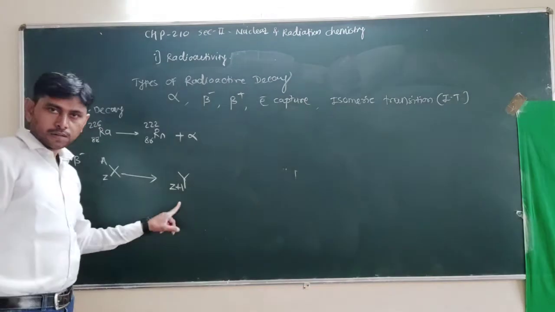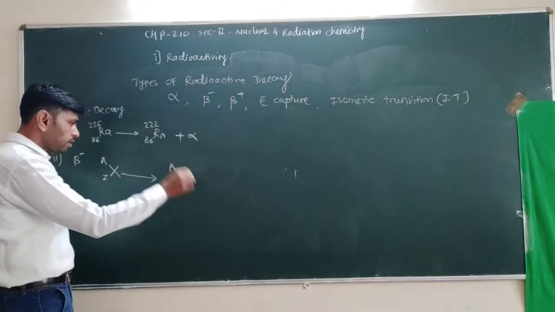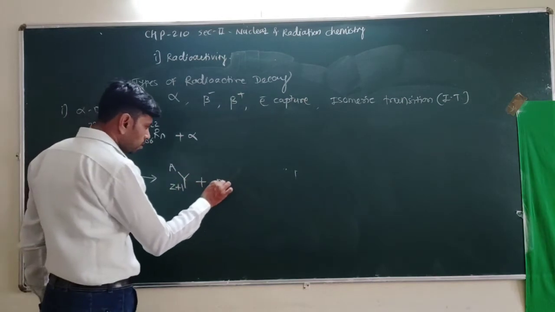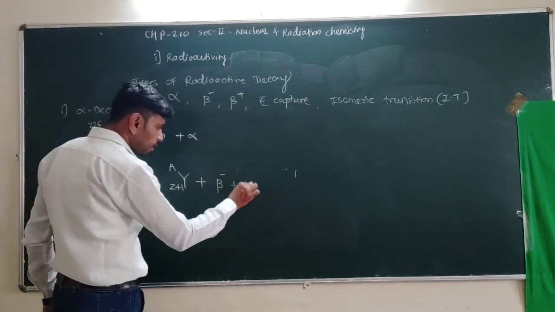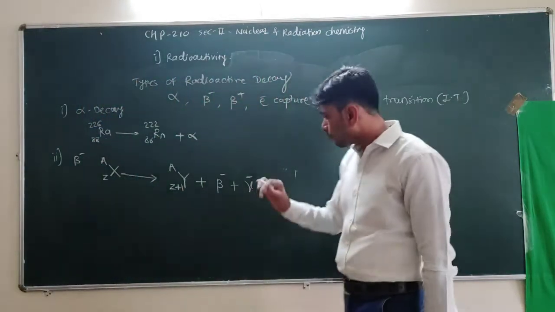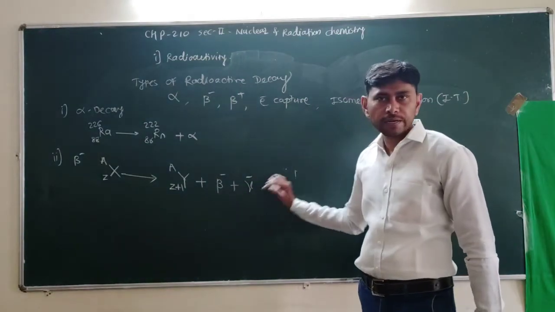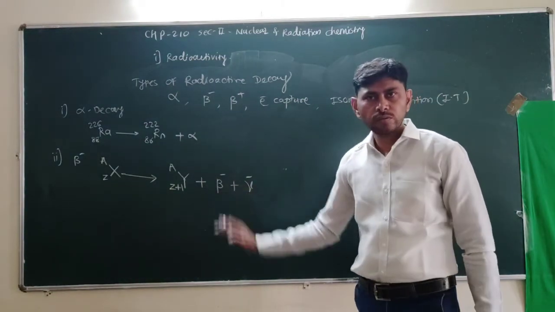That means its atomic number increased by 1 unit and the mass number remains the same. In the process, a beta minus particle is emitted, and the particle associated with it is called an anti-neutrino. The anti-neutrino is always associated with beta minus decay.